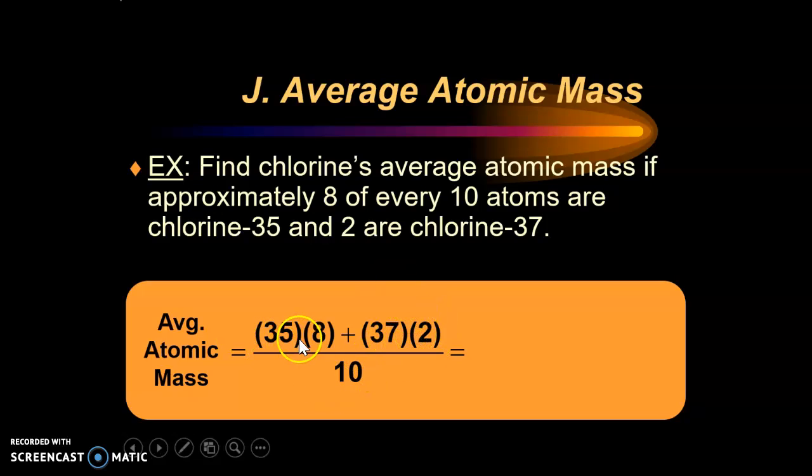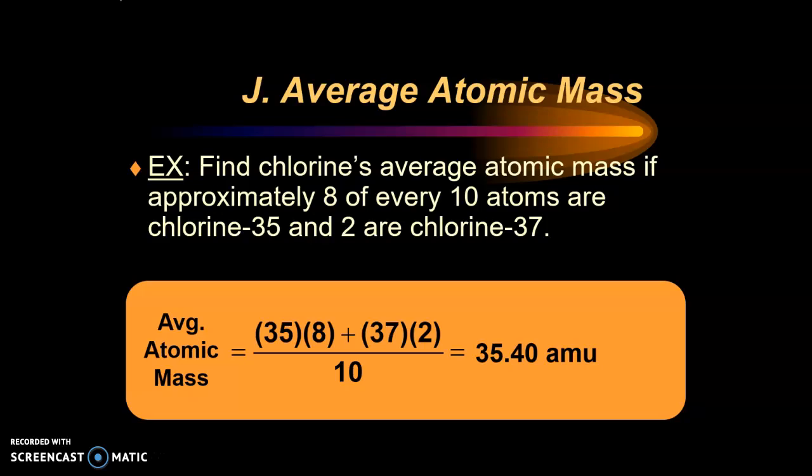When I put this in my calculator, I'm going to multiply these together, add and multiply these together, divided by 10, and the average atomic mass you should get is 35.4 AMUs.